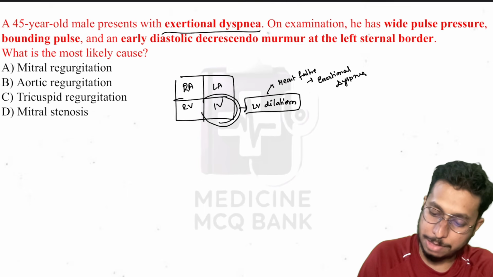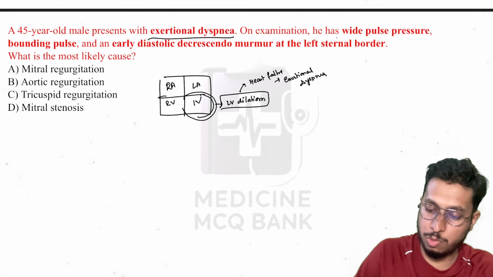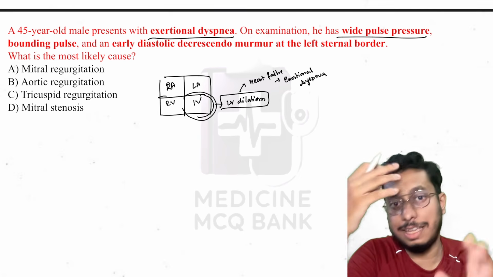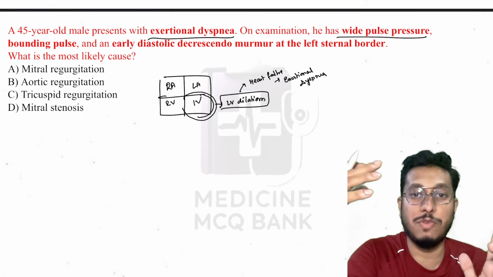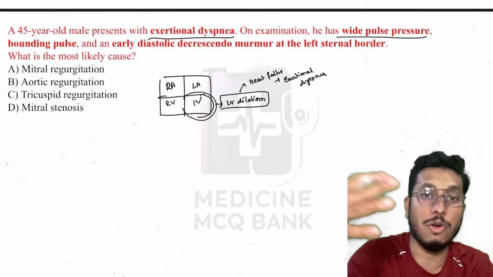Now, what are the other pointers given in the question? He has a wide pulse pressure. Why is there a wide pulse pressure? In systole, in aortic regurgitation, the stroke volume will be more because of the excess content in the left ventricle.